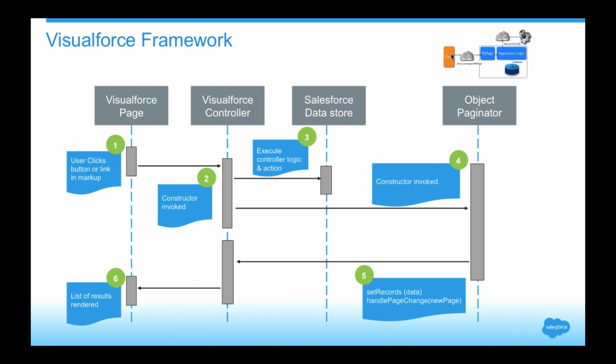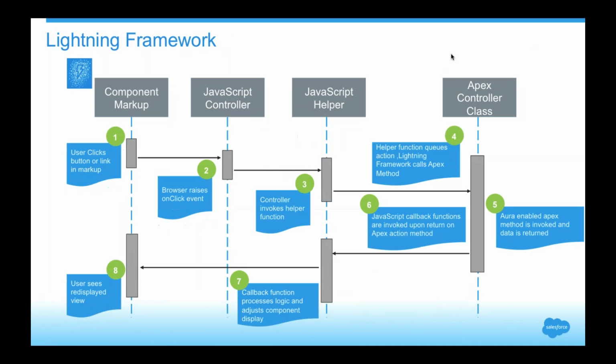But if you look at it from the Lightning framework point of view, that will be much more clear. Basically, what happens in the component markup is the user clicks the button or link in the markup. Just to give you a perspective, to my mind, it's kind of the same difference that you get with servlet versus Ajax.